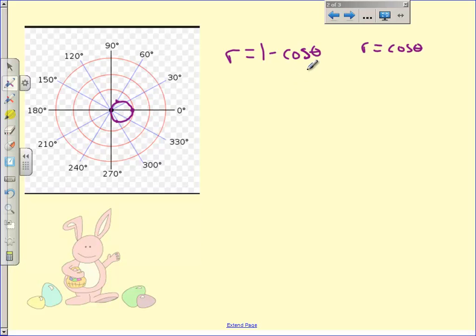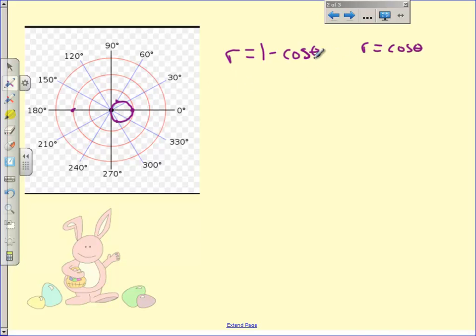r equals 1 minus cosine theta, we know makes a cardioid. And since it's a 1 minus cosine theta, it's a cardioid to the left. And this actually ends up going all the way out here to -2. Whenever theta is 180 degrees, the cosine of 180 is -1, and 1 minus -1 gets you all the way out there to 2.